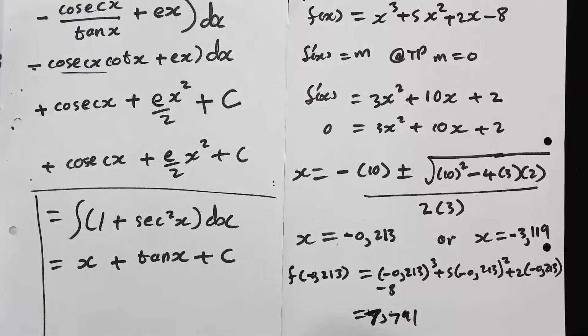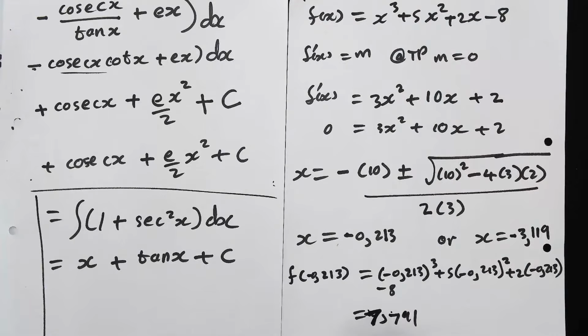Then the other one, write down the value. In the original equation, you substitute negative 3.119 and get the solution.